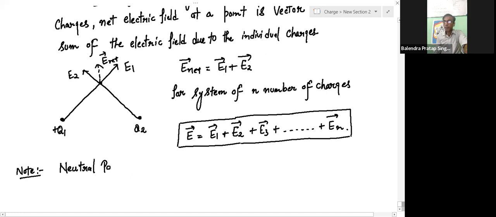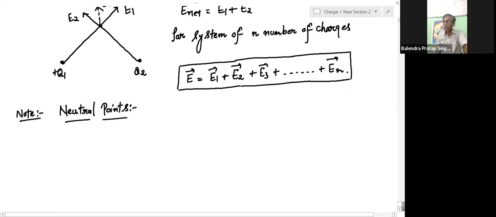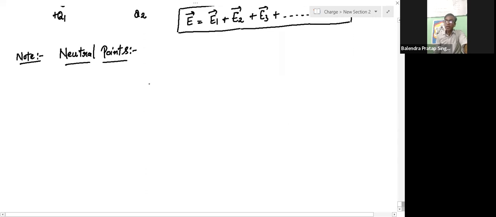So what is a neutral point? A neutral point is a point at which the electric fields of individual charges cancel each other.